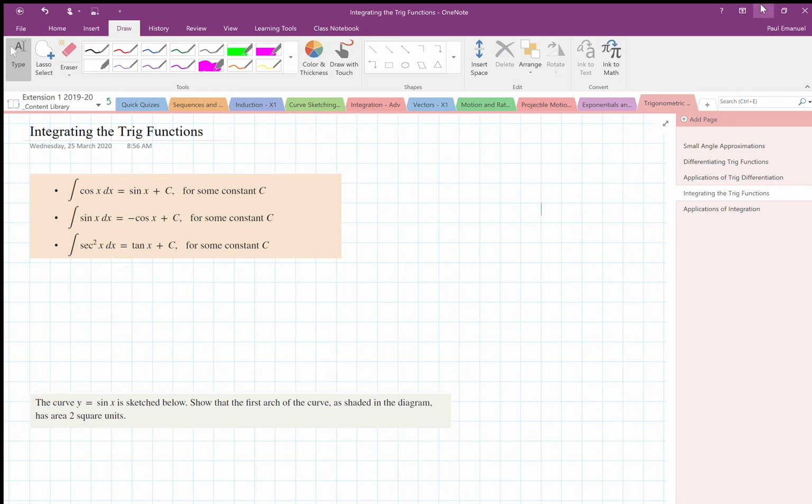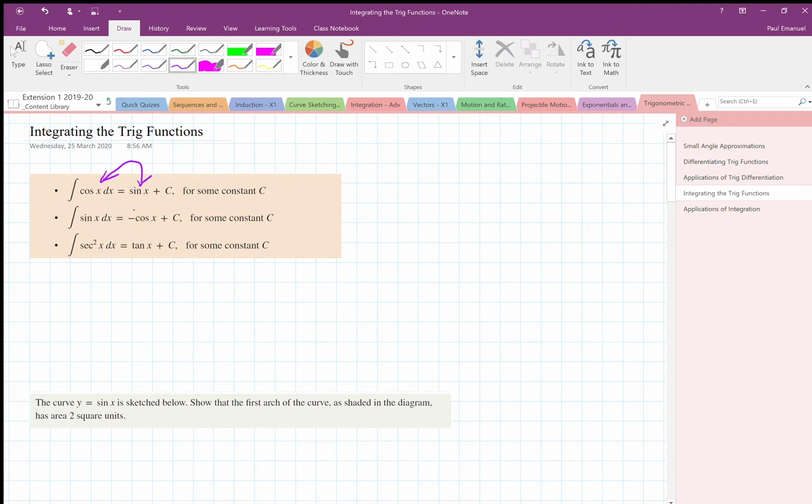Okay, so we differentiated trig, and as the pattern goes, we now integrate. You basically run through the same thing we've done previously, which is that integration is the reverse of differentiation. Given that the derivative of sine is cos, the integral of cos is sine.